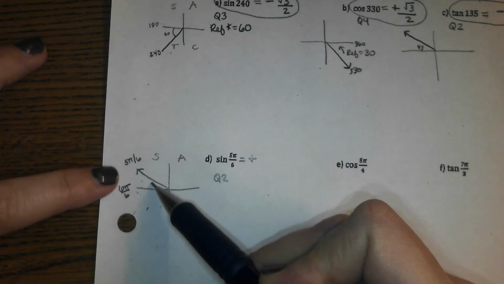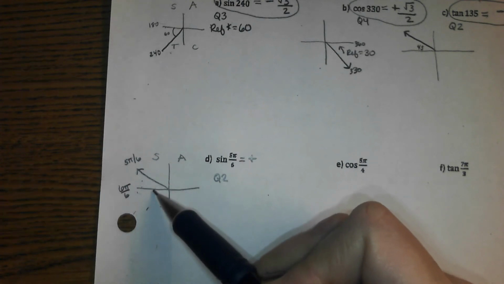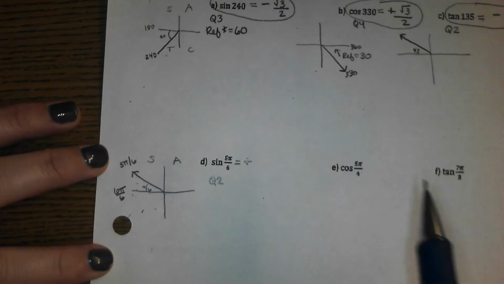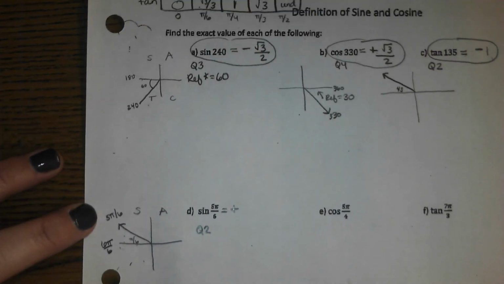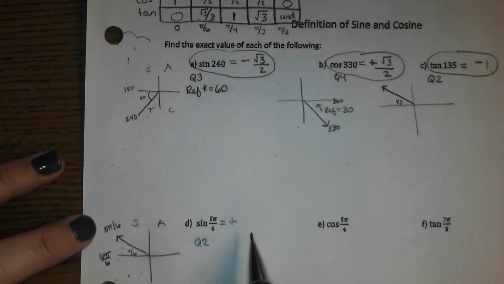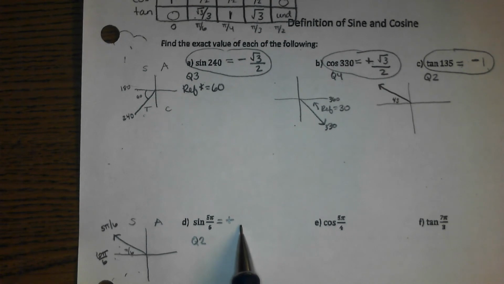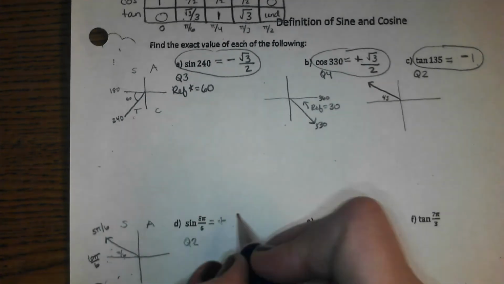Yes, if it's in radians though, I want you to mentally keep it in radians. So the difference between 5 pi over 6 and 6 pi over 6 is pi over 6. So the reference angle is pi over 6. And if you go to your chart, Morgan, what is the numerical value? Sine of pi over 6 is 1/2.